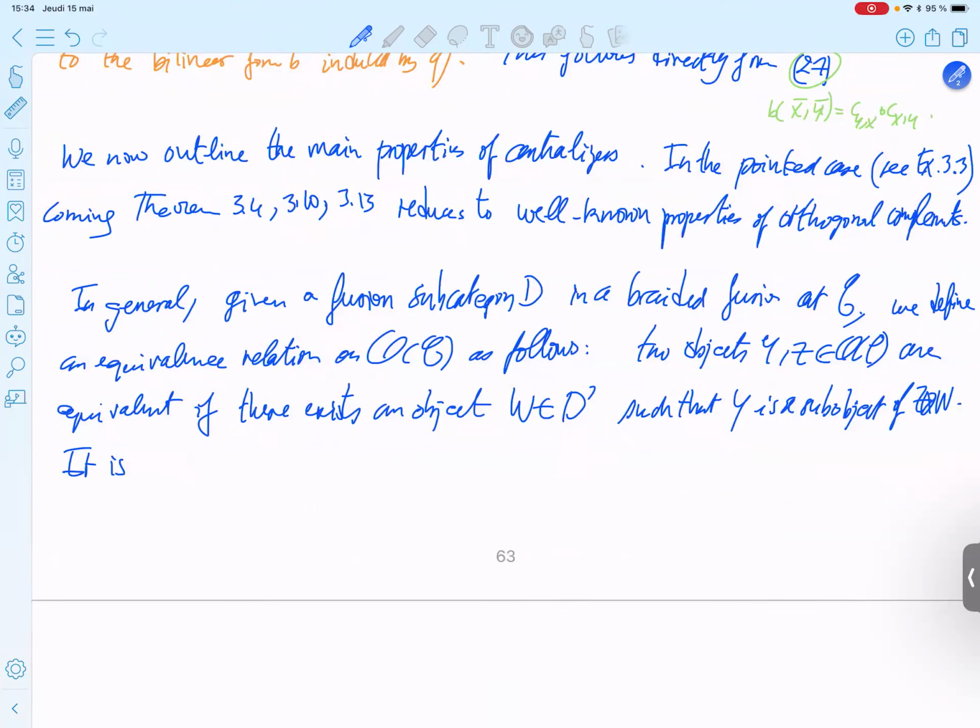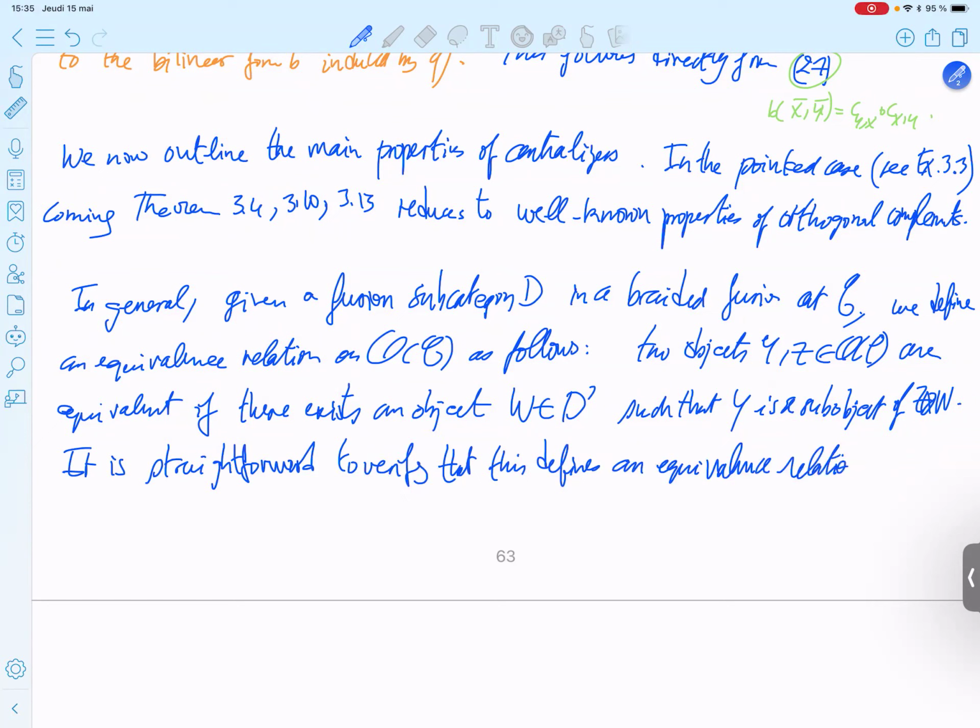It is straightforward to verify that this defines an equivalence relation.